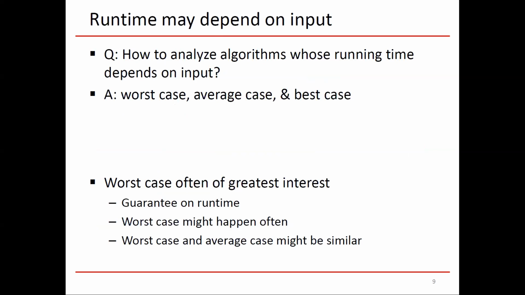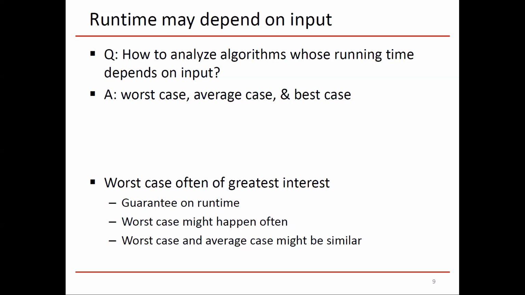One of them is worst case: what's the worst running time imaginable? Another is average case: what's typically happening? And then there's best case. Now, the worst case is often of greatest interest because it provides a guarantee. And in some cases, for some algorithms, the worst case may happen somewhat often, and because of that, we're concerned about the worst case.